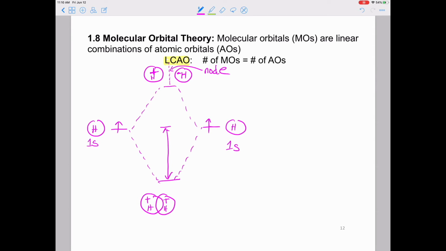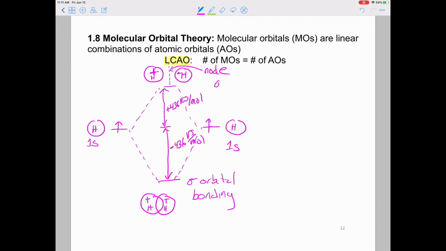Okay, so this energy is the bond energy of H2. Okay, so this is now bringing the two atomic orbitals in phase, and so this is referred to as a bonding orbital. When they're brought together out of phase, this is higher in energy by the same amount, but in the opposite direction.